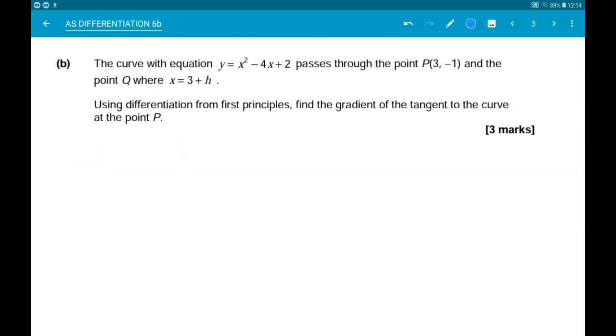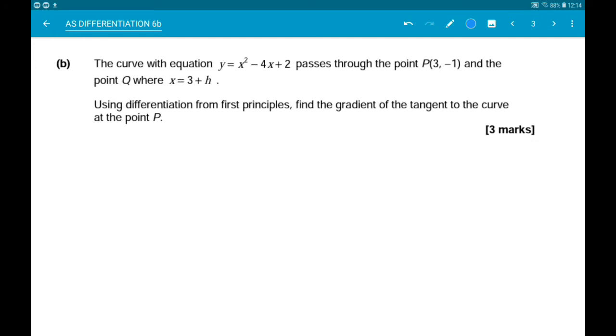Okay, then for part B, the curve with equation y equals x squared minus 4x add 2 passes through the point P, 3 minus 1, and the point Q, where x is 3 add h.